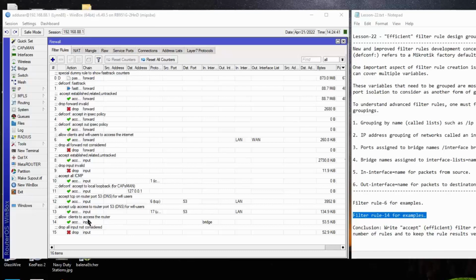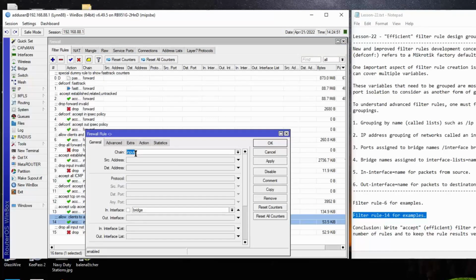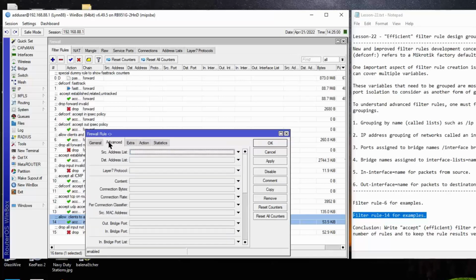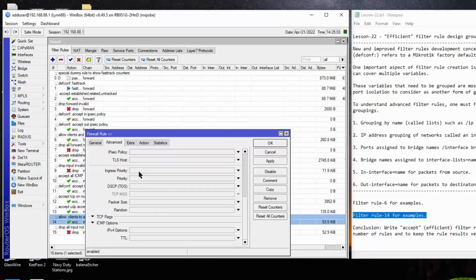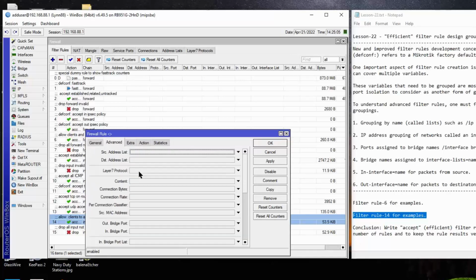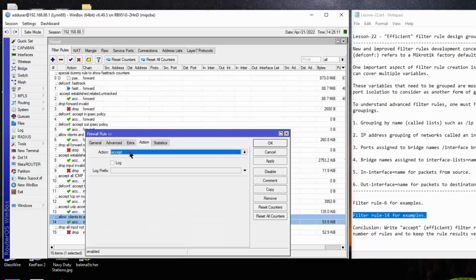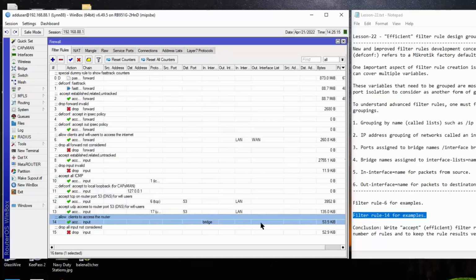Therefore, they're not allowed to access the router. Notice how we conveniently did that without using any drop rule. We know for a fact that if the input chain is from the interface of bridge, we don't care about any other conditions. And there is no advanced because we're just saying we're going to let the packets from the interface of bridge be accepted. So that rule does a lot more than it looks like it does.